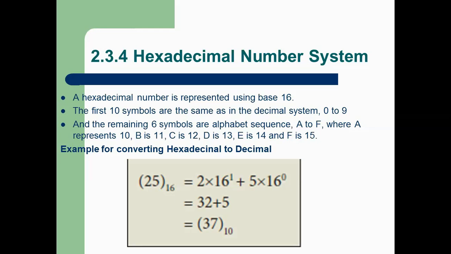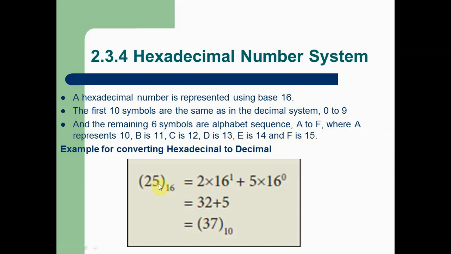The first symbols are the same as the decimal number system, 0 to 9, and the remaining 6 symbols are the alphabet sequence A to F, where A is represented by 10, B is 11, C is 12, D is 13, E is 14, F is 15 when we use them in the calculation. If you are using any hexadecimal digits from A to F, you should use these represented numbers.